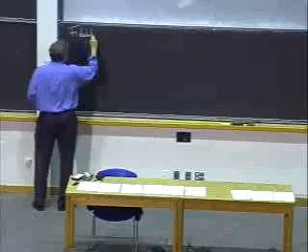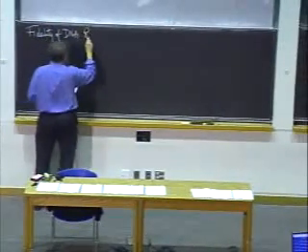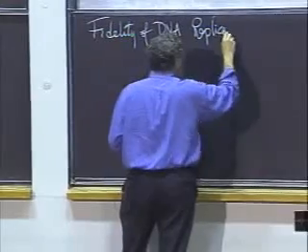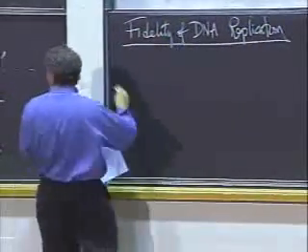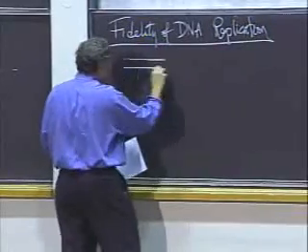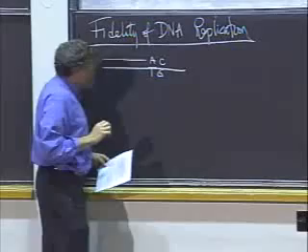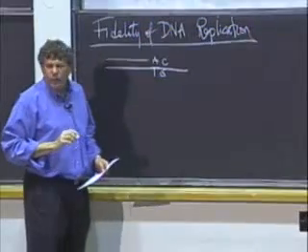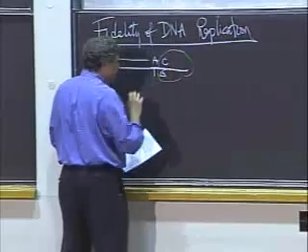Here's another issue, fidelity. The fidelity of DNA replication. If I'm copying the DNA, I'm going to put in my next base. It's a T, I want to put in an A, a G, I want to put in a C. How do I get it right? I have my DNA polymerase enzyme here.